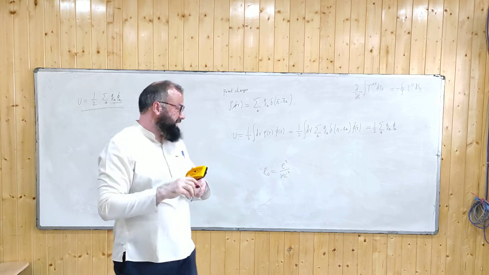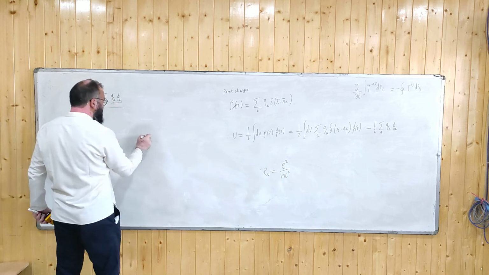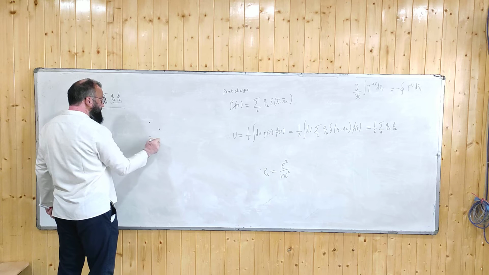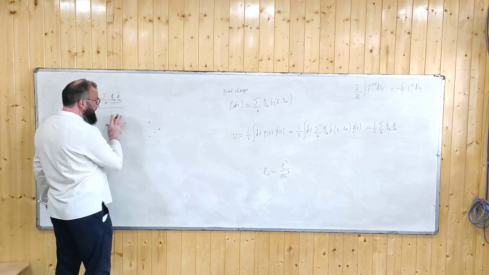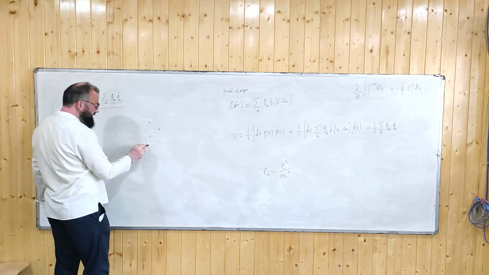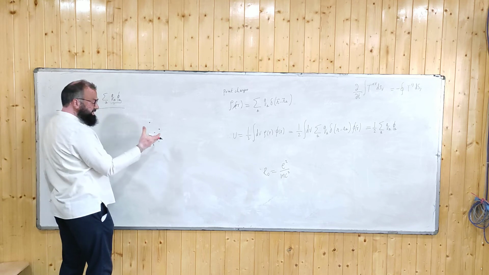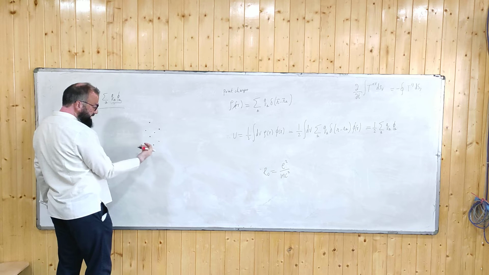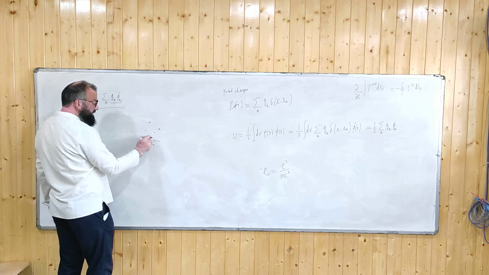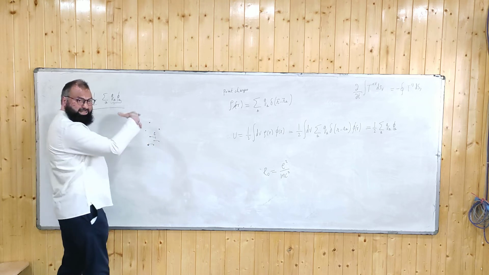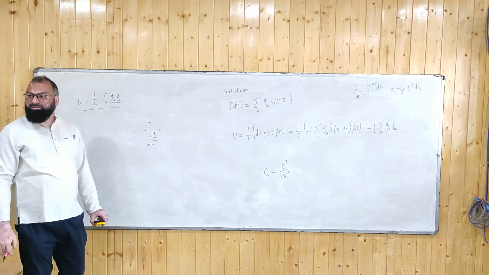You got my point? So let's say you are having a distribution of charge, all these charges. This very formula contains the self energy of each particle, the individual self energies, and it contains the amount of energy required to bring this particle into this very region. Clear?